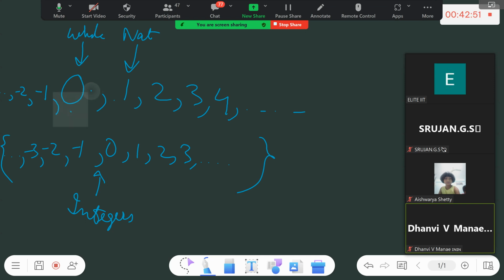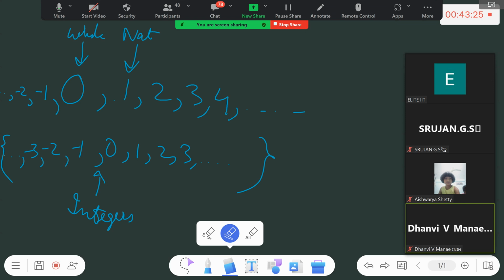If you include the 0, then you will get whole numbers. And if you include the negative as well, you will get the integers, the set of all integers. How much negative? Infinitely negative: -1, -2, -3, -4, -100, -1000, -crore, -infinity. So remember this: 0 is also an integer.